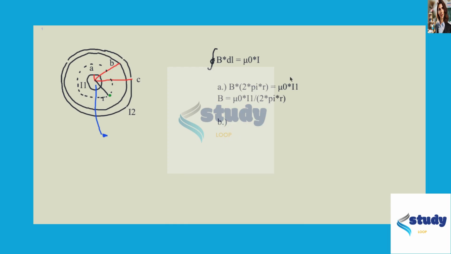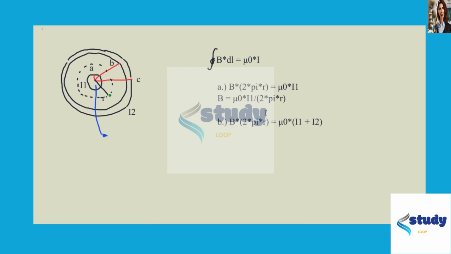What we want to do is use the exact same equation, the same setup, except now the current enclosed, notice, is going to be I1 plus I2. They're in the same direction. It doesn't really matter which direction; we can pick either one. The question doesn't specify.